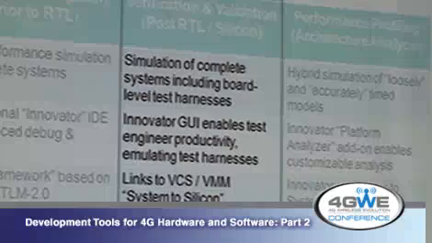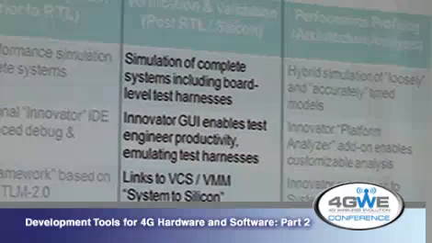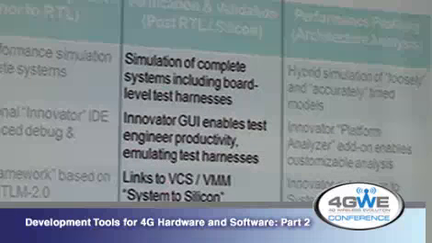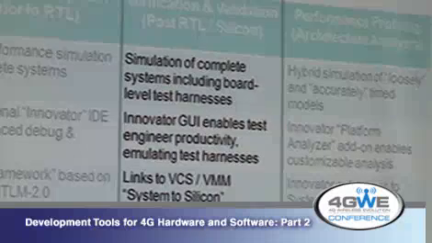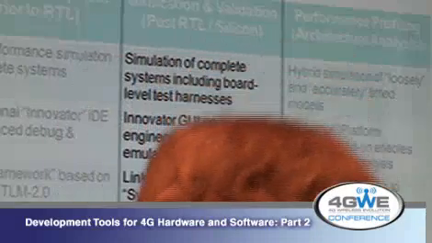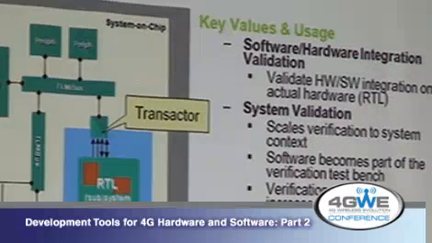The second use model pertains to how to integrate with the rest of the flow once you're done with the algorithm and the integration. So with connecting to RTL, to the implementation world, into the system to silicon flows, you can link into hardware, you can link into implementation from your high-level model.